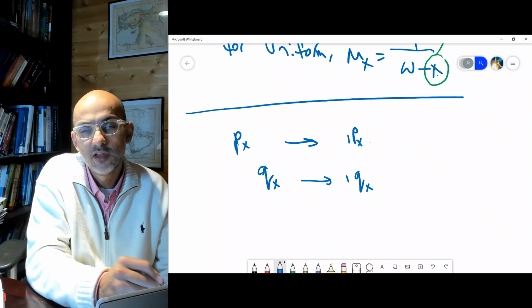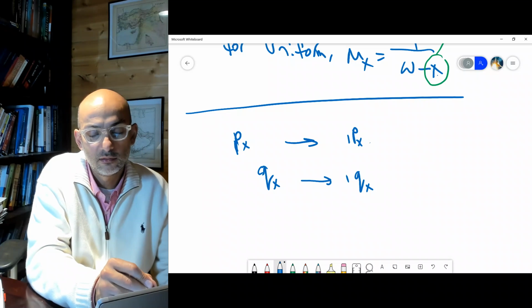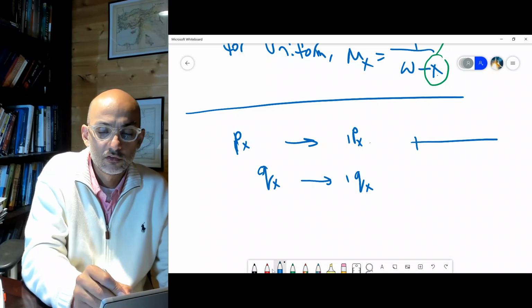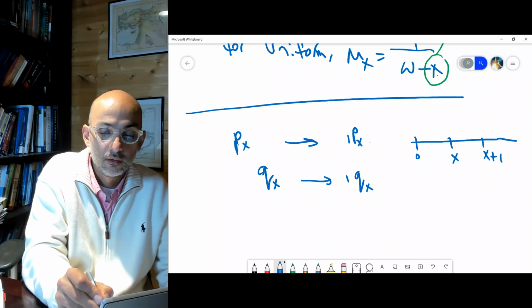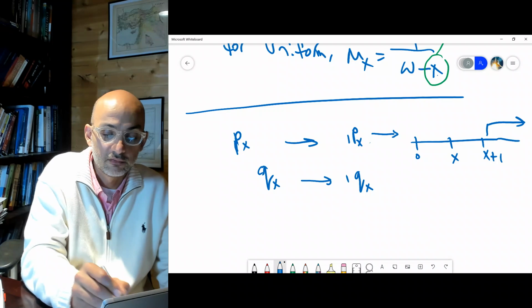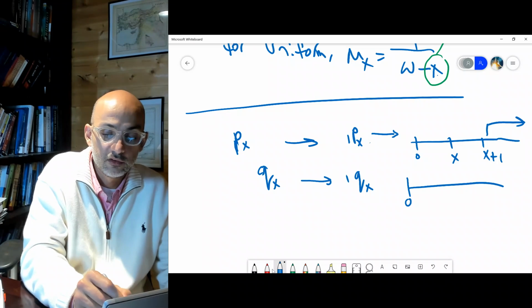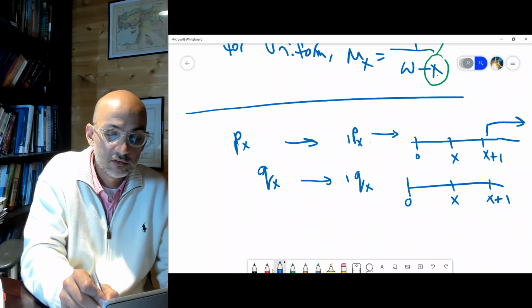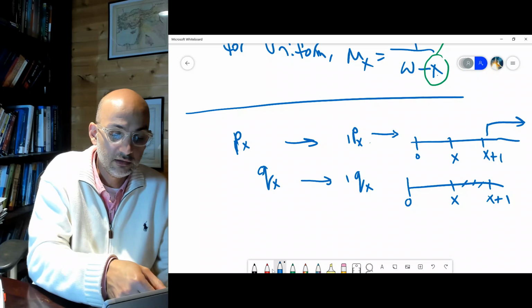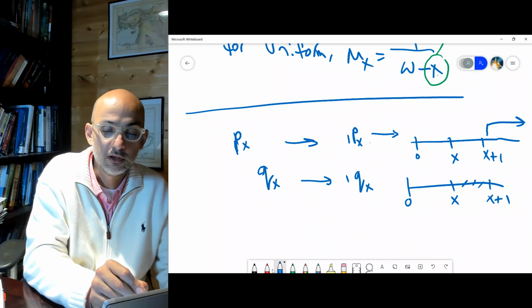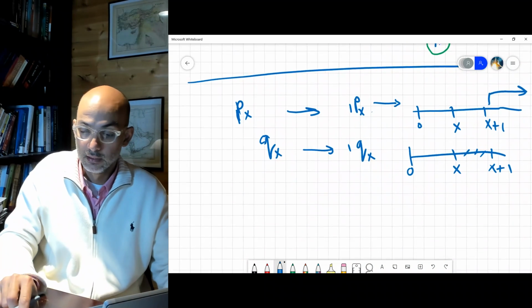So if 1 is not written on the left, it means it's 1 in standard actuarial notation. Just remember this. So px means surviving from x to x plus 1. For qx, death happens in that interval. So whenever you see qx without the 1, it means 1qx. It's the same notation.